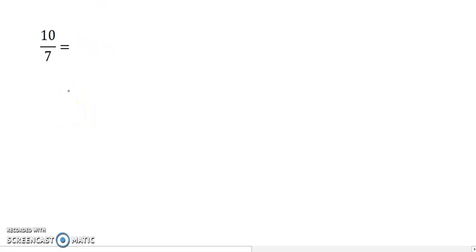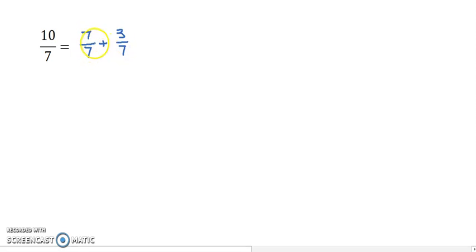Let's try another one, 10/7. 10/7 again is an improper fraction, with the numerator larger than the denominator. Can we get a group of sevens out of the 10/7? Yes. If we take 7/7 out of 10/7, we are still left with 3/7.